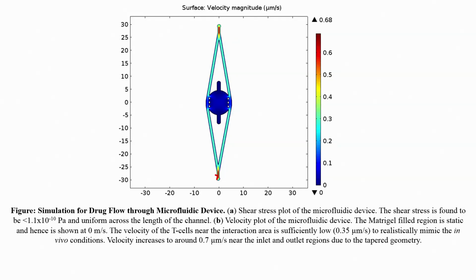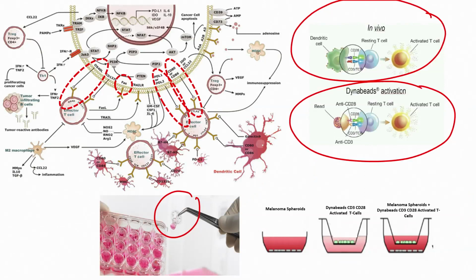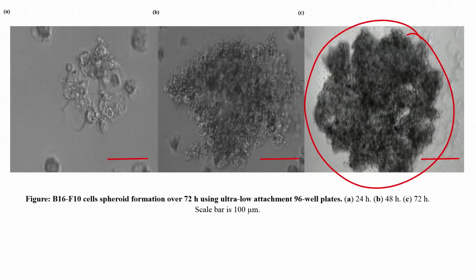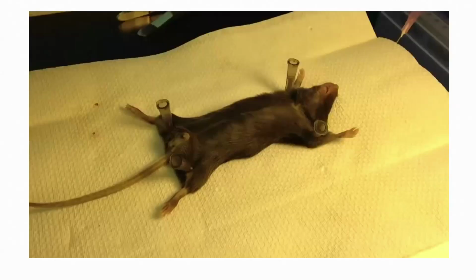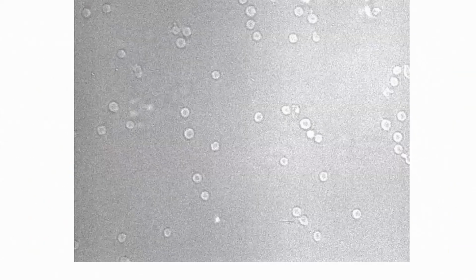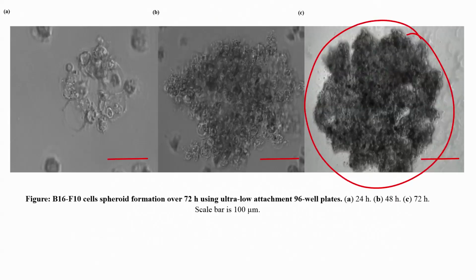So, what we learn in these modules is what immunotherapy is, how T cells look like, and how T cells can be isolated from the spleen of the mice, right. This is how a T cell looks like, this is a 20x image, so that is why you can see it bigger.